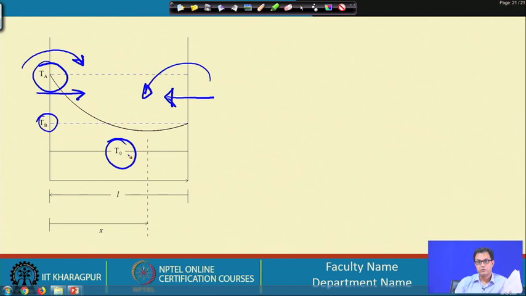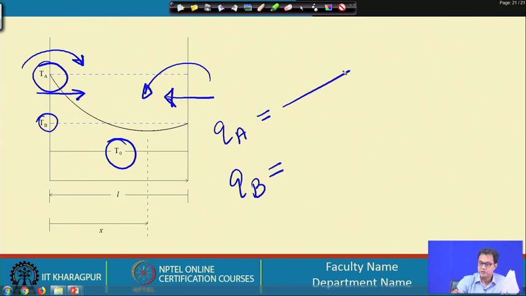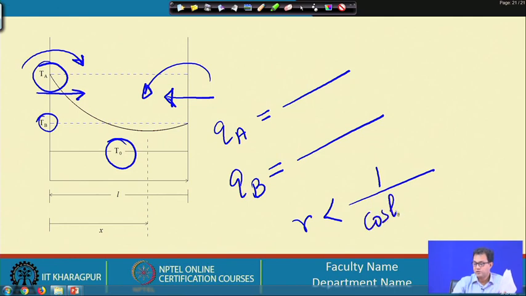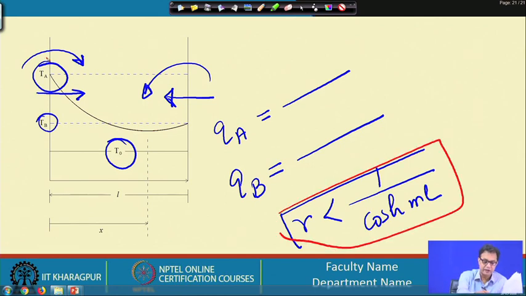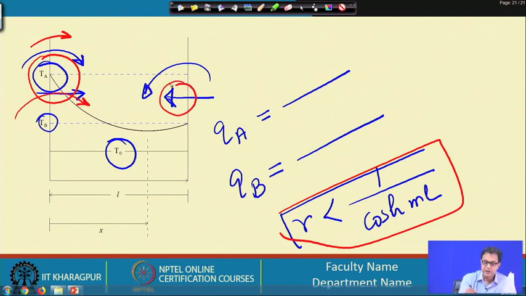Now, if we look into the QA and QB expressions, and look into a situation where r is less than cosh(ml), under this condition you will find that QA is positive, meaning heat is coming from this wall to the fluid, but there will be a change in the values.